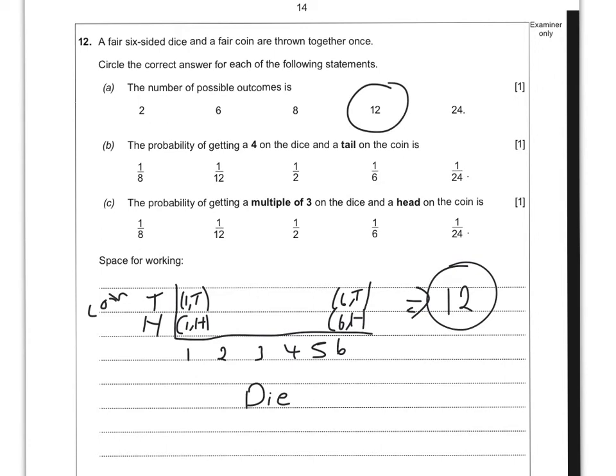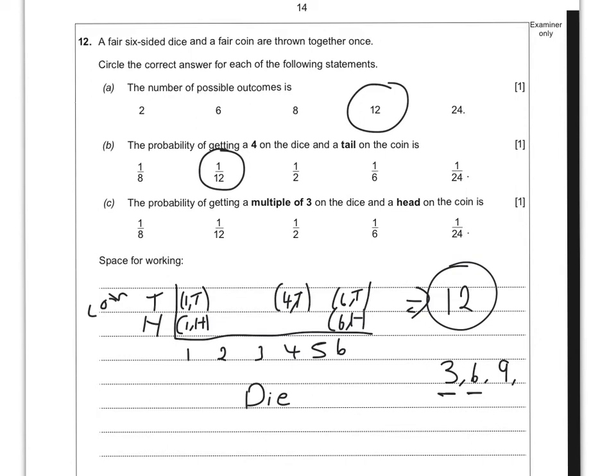The probability of getting a 4 on the dice and a tail on the coin, well, I can only do that once, if I get 4 tail. So that is once out of a possible 12 outcomes. The probability of getting a multiple of 3 on the dice and a head on the coin is what? Multiples of 3 are numbers which appear in the 3 times table, so 3, 6, 9 and so on. The only numbers relevant to us in this question are 3 and 6.